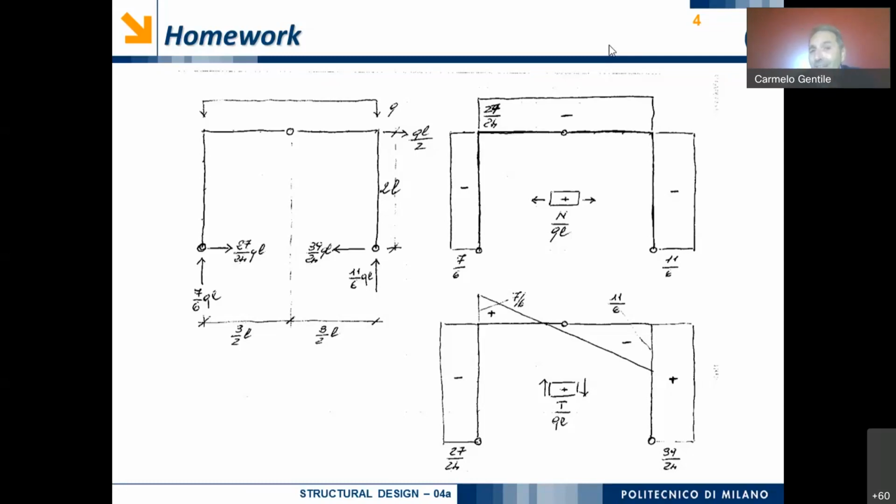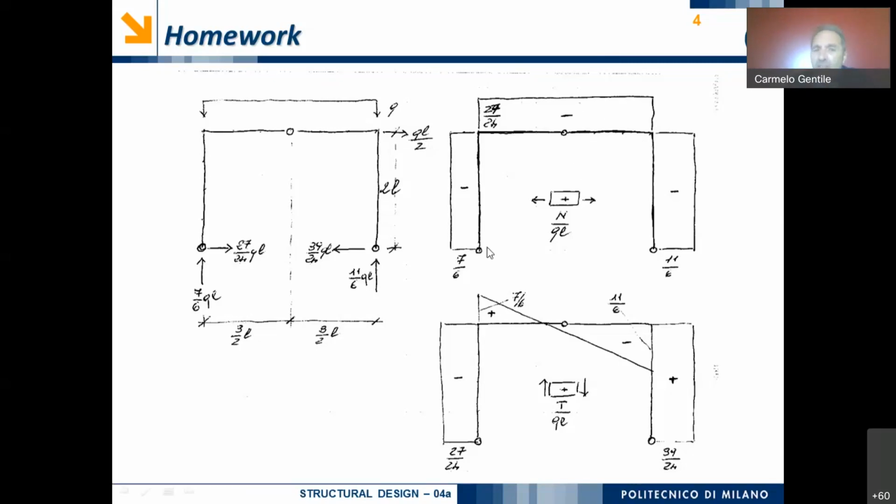If we are dealing with a beam without any axial forces applied along the length of the beam, we know that the axial force is constant. So we need just to evaluate just one value. For the upper horizontal beam, again, in this case, we have vertical forces, but not horizontal forces applied along the length of the beam.